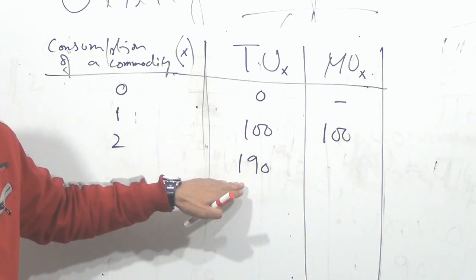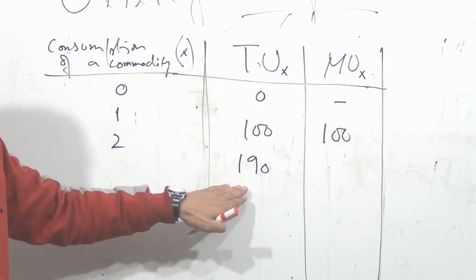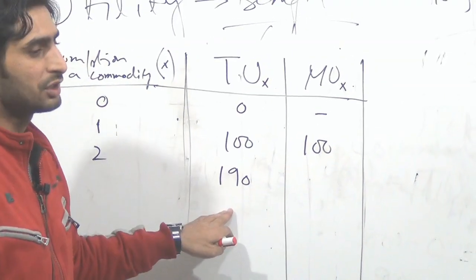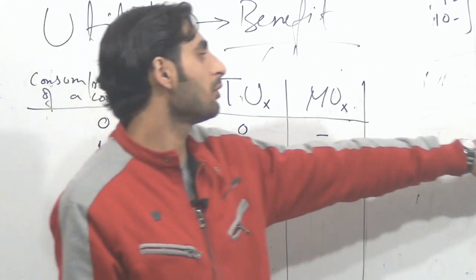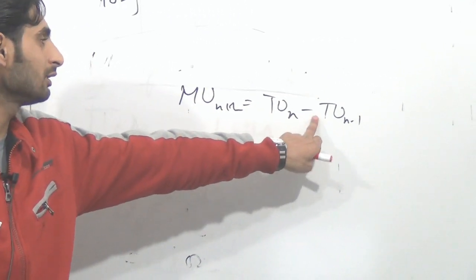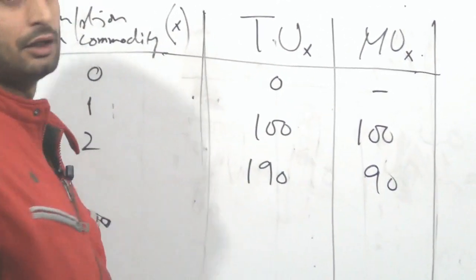That is to be established under a law that we will talk about later, but for the time being this is 190 utils. So the marginal utility of the nth unit is equal to total utility at nth minus total utility at n minus 1 unit. So it will be 190 minus 100, that is 90.